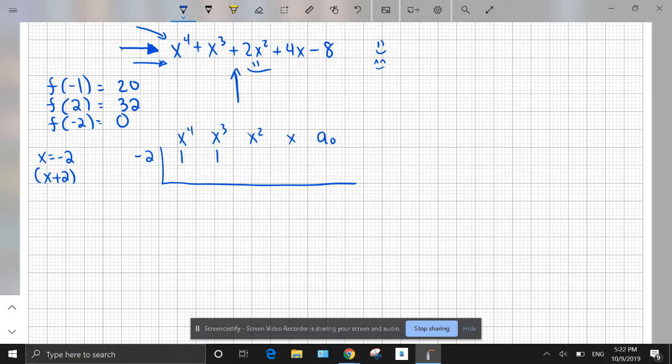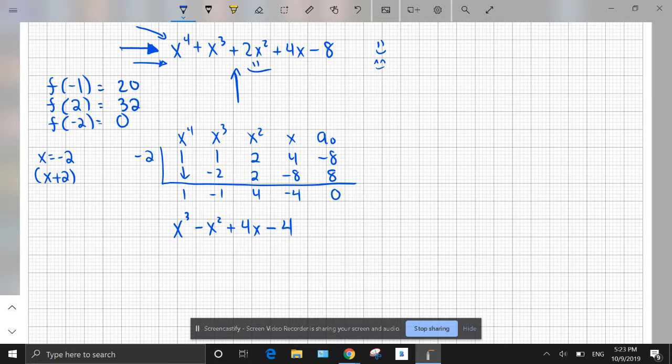So we have 1, 1, 2, 4, negative 8. All right, so let's lower the exponent. So x cubed minus x squared plus 4x minus 4. So this is our reduced polynomial.